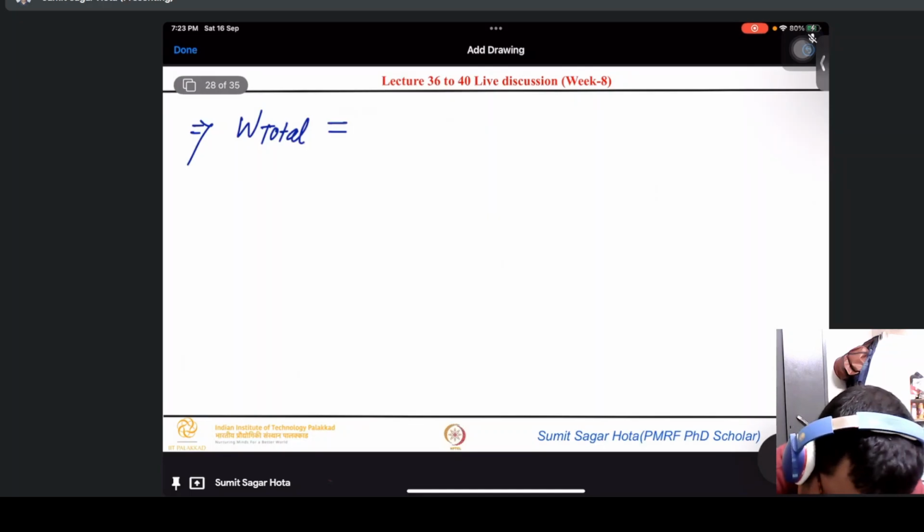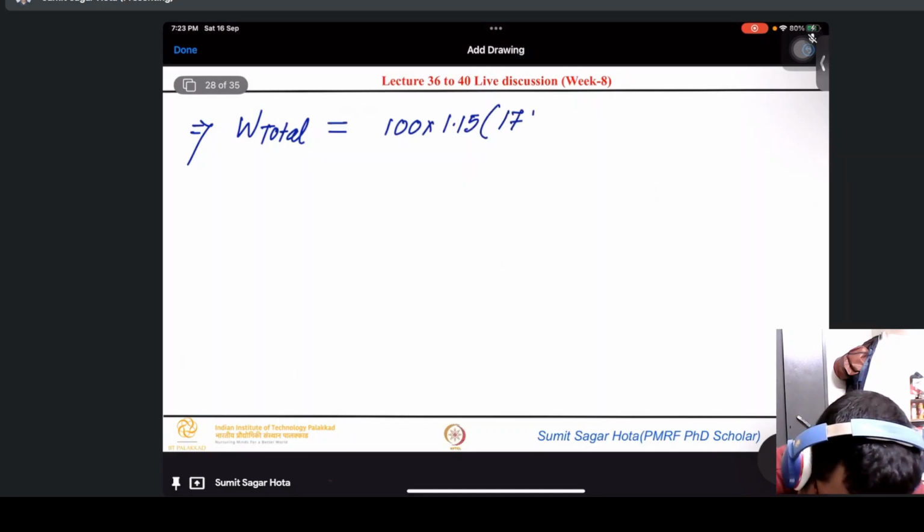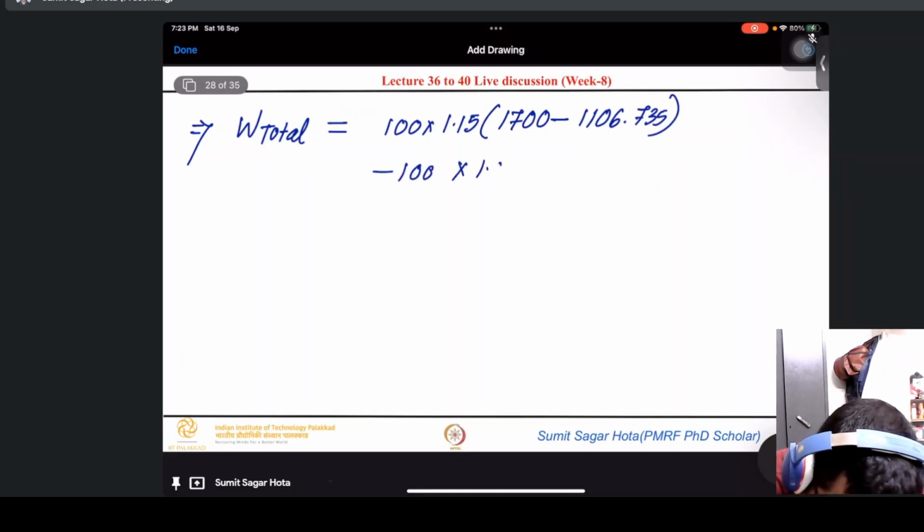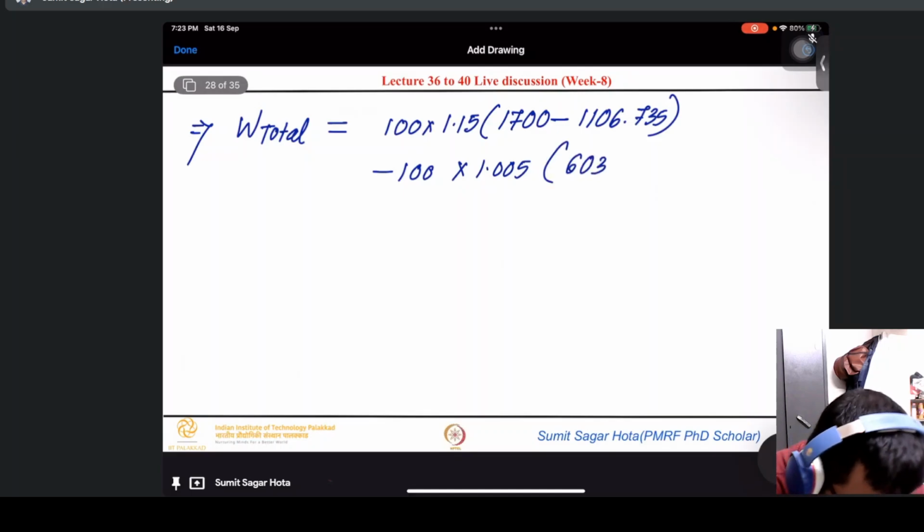W total is 100, 1.15, 1700, minus 1106.3, minus 100, 1.005, 603.34 minus 288.